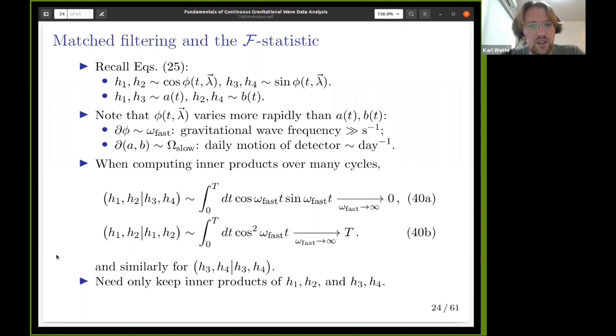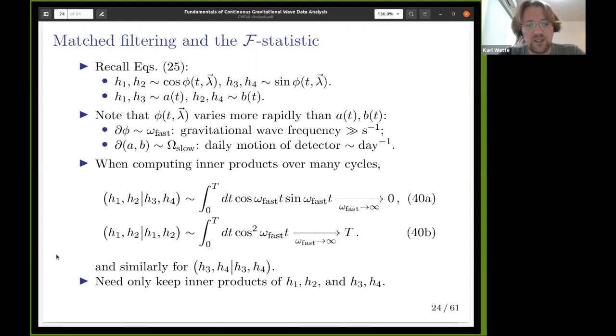Whereas if you take the basis function H1 and multiply it by itself, you get a cosine squared term, and that doesn't tend to average out over time. It averages out to a value of one half as you go to higher frequencies.